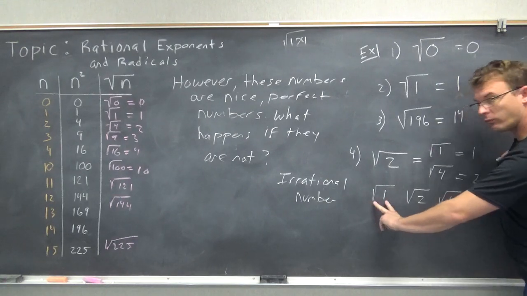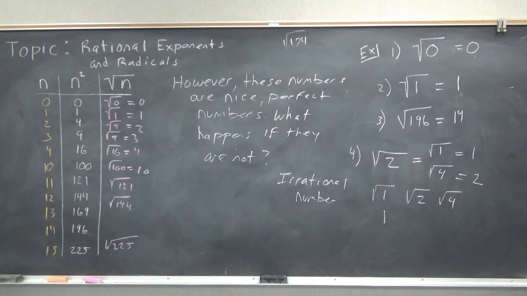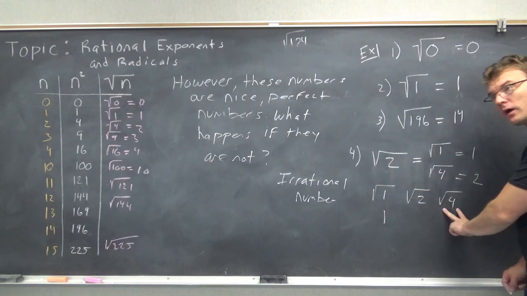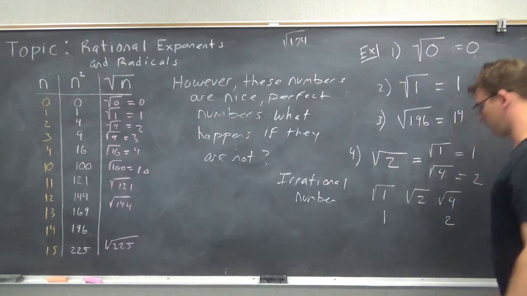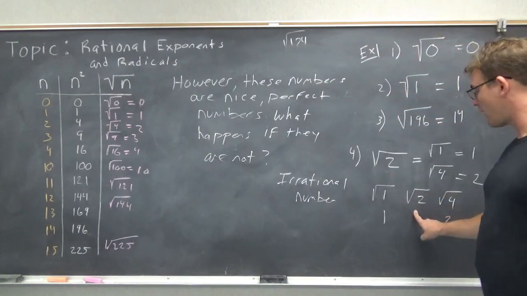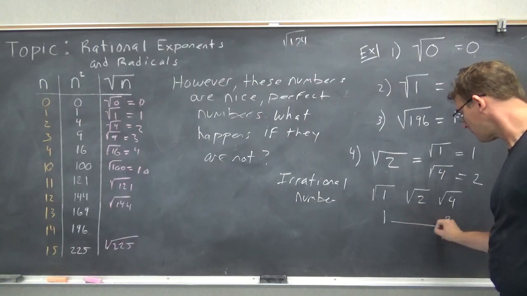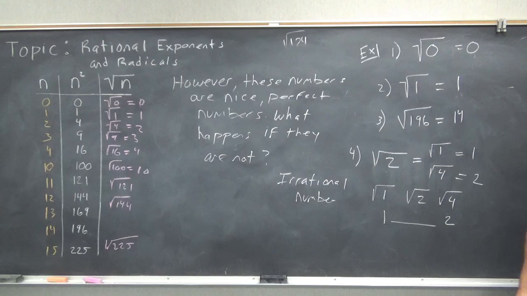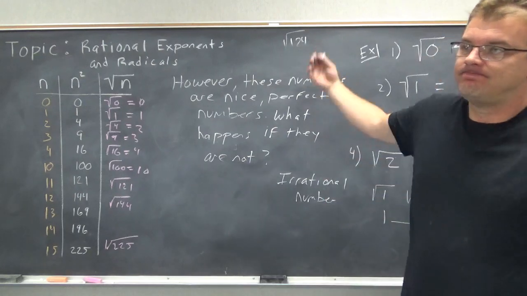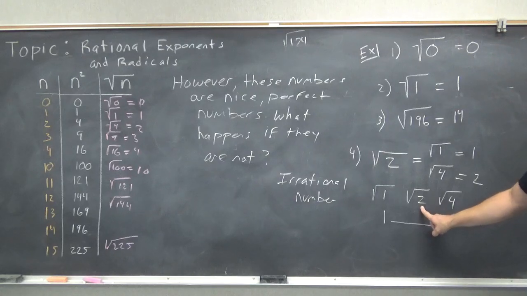So the square root of 1 is 1. What's the square root of 4? 2. That must mean that the square root of 2 is between 1 and 2. Where? Take a guess. Look at this 2.